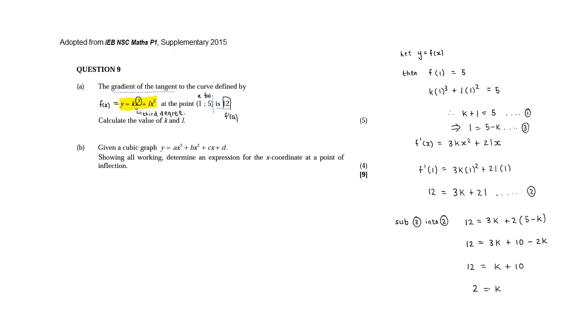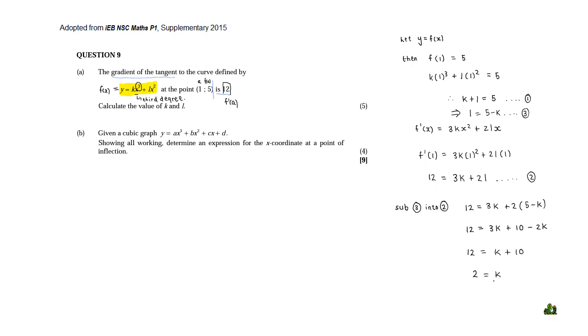So that gives us our value of k. We can then substitute k equals 2 into equation number 3, and there's our equation number 3 over here. So we have l is equal to 5 minus k, which is 2, so l is equal to 3.